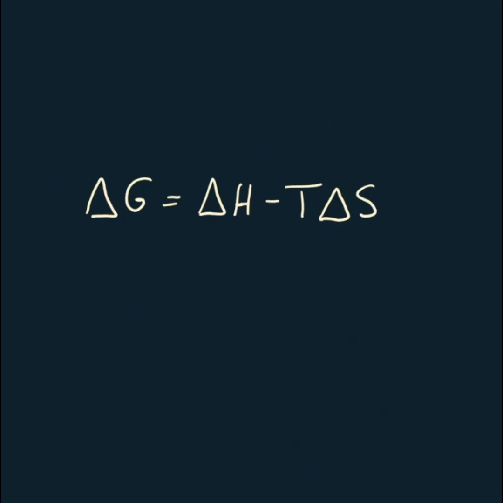So common problems you'll see with this type of Gibbs equation is whenever you're given a positive or negative value for delta H and delta S, and you're responsible for determining the sign of delta G. So if delta H is negative and delta S is positive, whatever is in this red box is going to be positive, and so a negative minus a positive value will give you an even higher negative value.